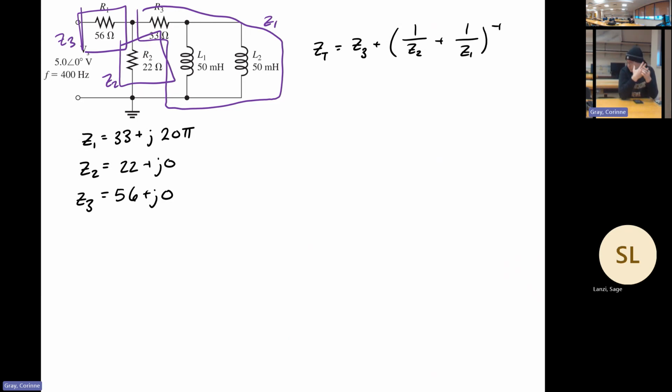You guys agree? No. Okay. Why not? Would you have to do 1 over? No, because when you're doing the 1 over, it'd be 1 over the rectangular form plus 1 over the other rectangular form. When you add the two together, flip it over, it would fix, right?